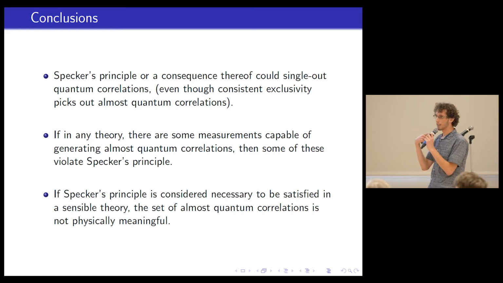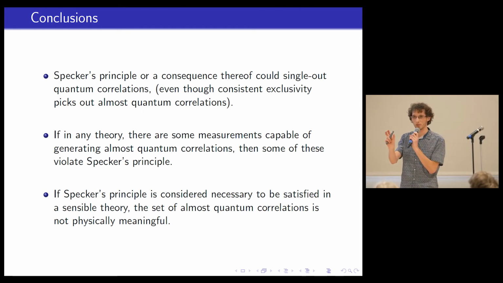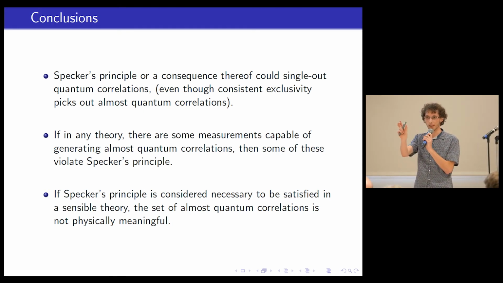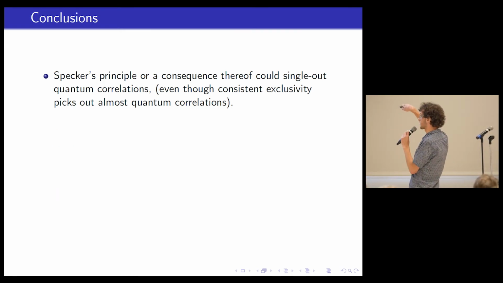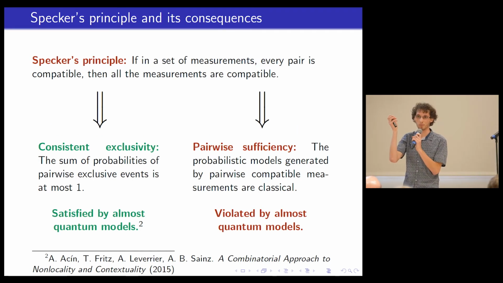So the way that the quantum correlations are defined, they are defined through the projective measurements, if you remember. There were those projectors assigned to each of those events. And it is not very hard to check that the projective measurements in fact satisfy Specker's principle.